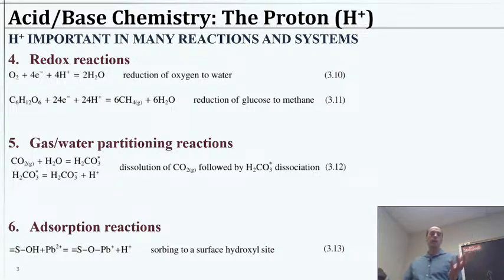And then adsorption reactions. How likely is it for some chemical to stick to a surface? If we're trying to remove, let's say, arsenic or some particles with adsorption reactions, kind of calling back to those carboxylic acid groups, maybe you have a surface that has some chemistry, and the functional groups at that surface are important.